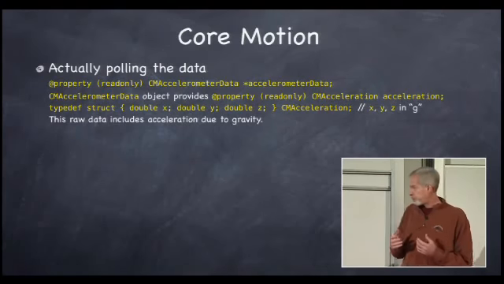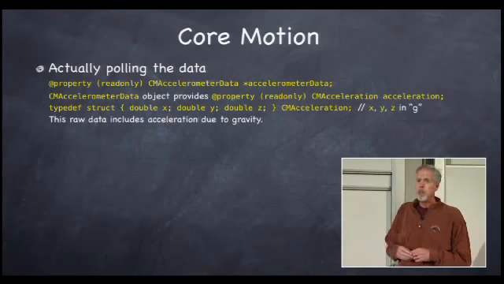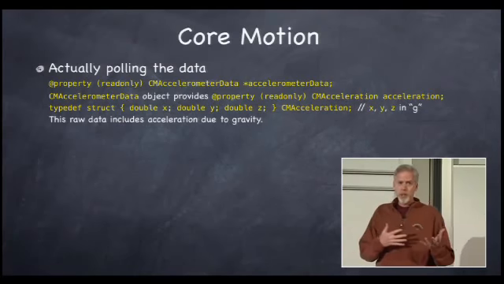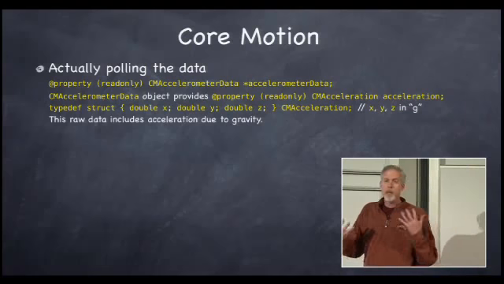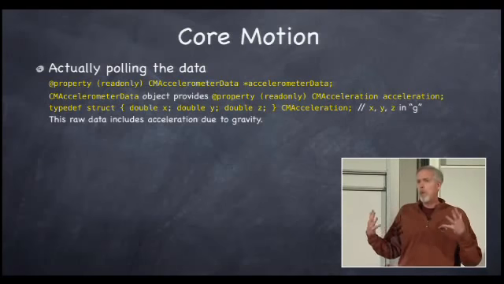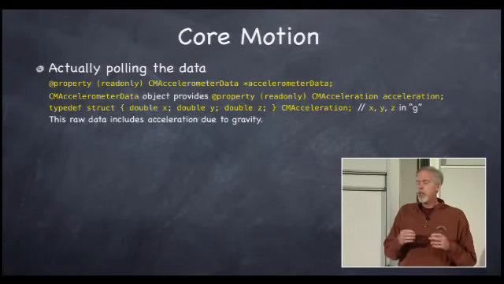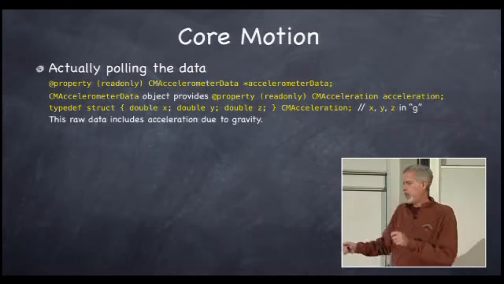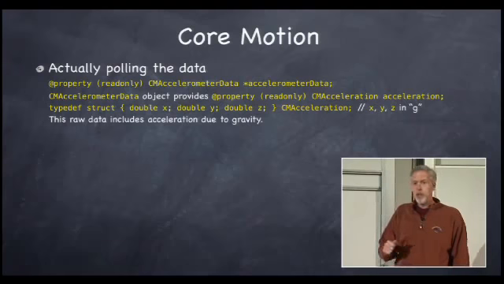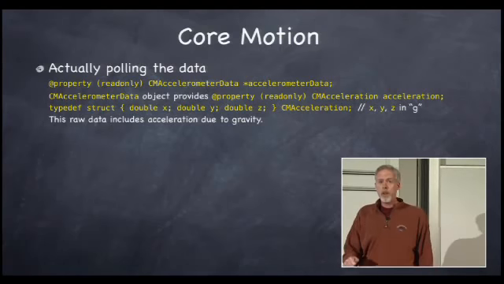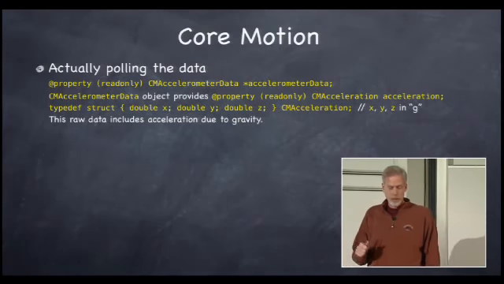Because of that, you want to be careful to use an appropriate filter on this raw data, a high-pass filter or a low-pass filter. You can look in the documentation to see what kind of filter suits what kind of application. But just understand you're going to get this very spiky, instantaneous acceleration of the device in all these directions, and the raw data includes the acceleration due to gravity. So you have to factor that in as well.